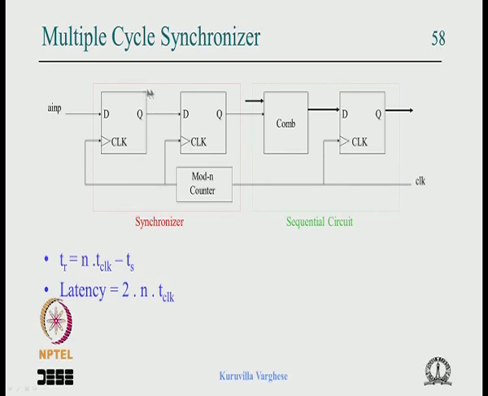So n is 2 or 3. When you say a mod 3 counter or mod 4 counter, it is 2 flip flops. So use 2 flip flops for synchronizing and 2 flip flops for the counter.